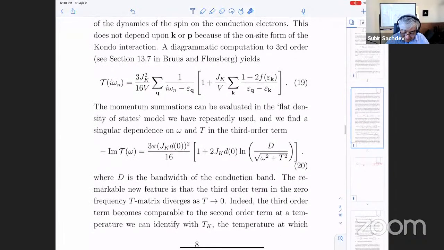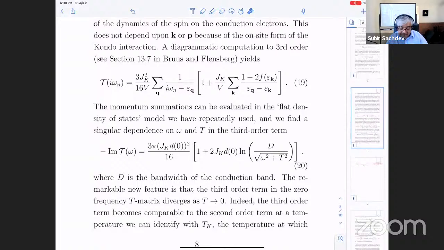And so we want to, first of all, interpret this logarithm and figure out what the consequences are. And the consequences here are quite interesting, and they led to the development of the RG, the renormalization group.